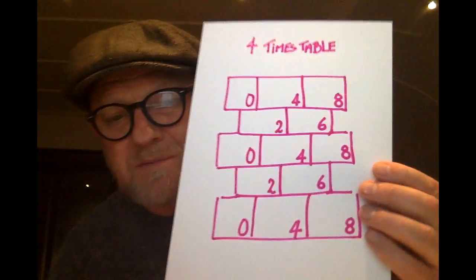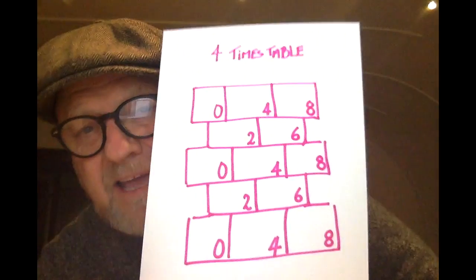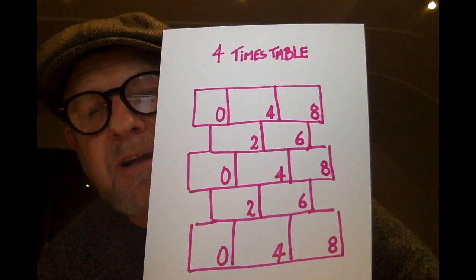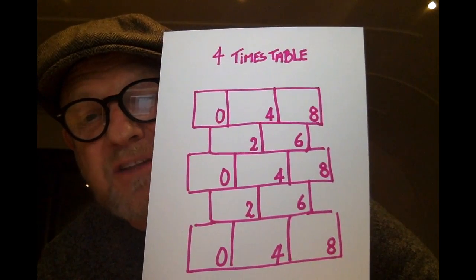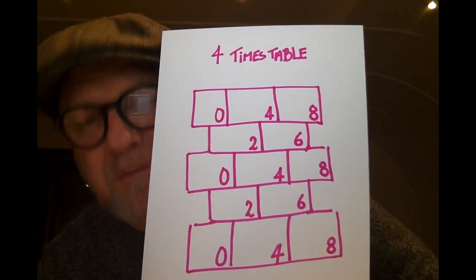Now, some tricks to learning multiplication. I showed you in previous videos, which you can go back and look at, how to remember your 7 times table and how to remember your 3 times table. We did the hand thing with the 9 times table, so you should be able to remember that. And here's another little trick, for our 4 times table. We build a brick wall, and the brick wall has 3 bricks, 2 bricks, 3 bricks, 2 bricks, and 3 bricks.